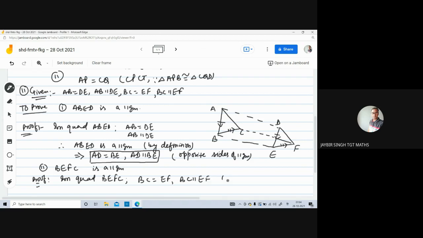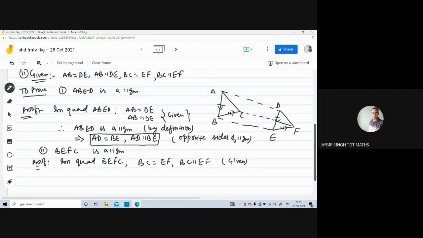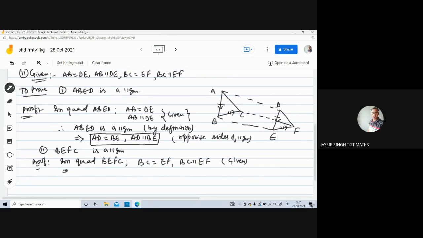This is given. So by definition, therefore, BEFC is a parallelogram. Again, this is by definition.